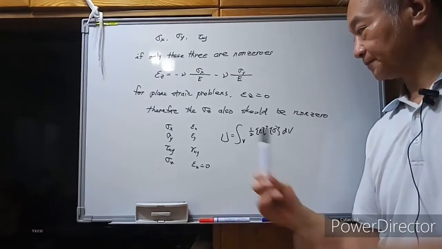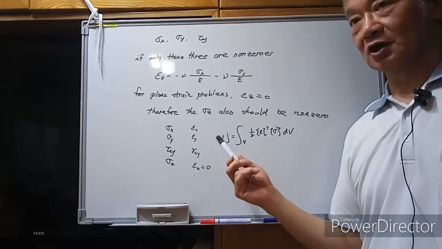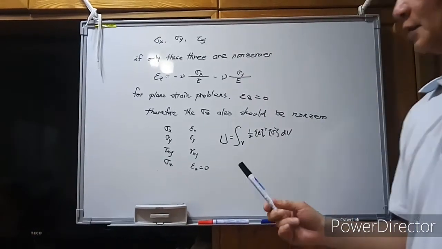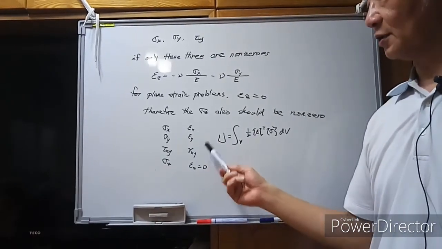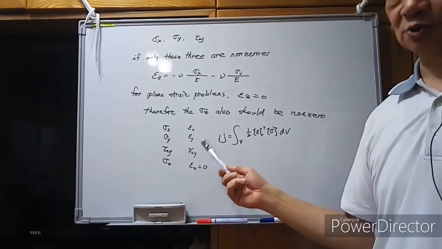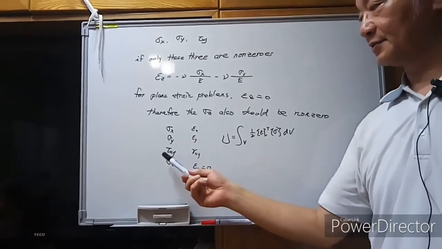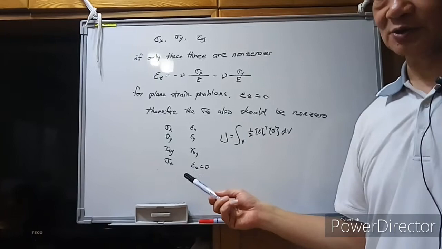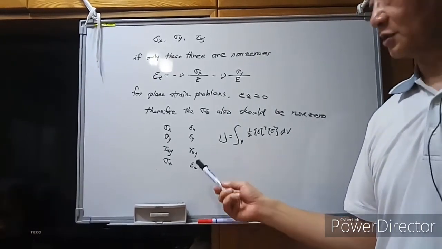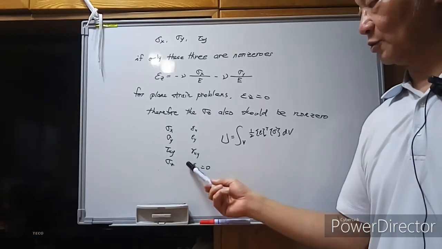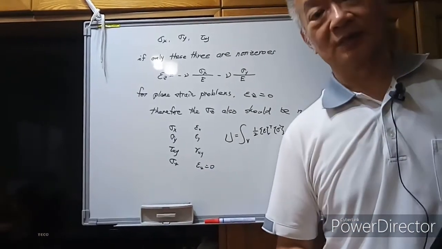So when we calculate the strain energy of the plane strain problems, although we have four non-zero stresses and only three non-zero strains, you can always neglect this pair, the sigma z and the epsilon z, since we can guarantee the epsilon z is always equal to 0.